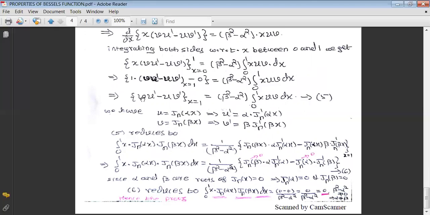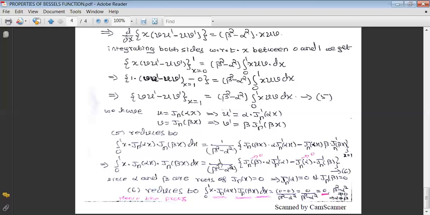Now v is Jn of beta x. Now u dash is alpha into Jn dash of alpha x, minus u is there, u is Jn of alpha x, and next is v dash, that is beta into Jn dash of beta x. And importantly, we have to take the limit for this one, x equals to 1. Now this one we keep as it is.